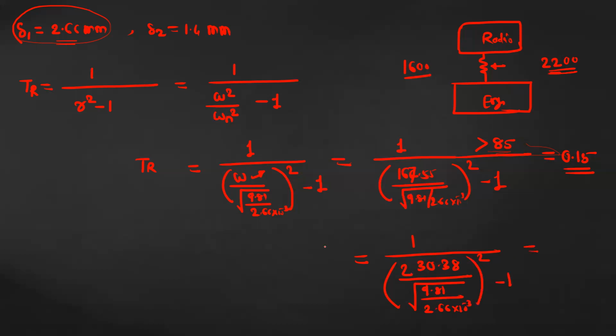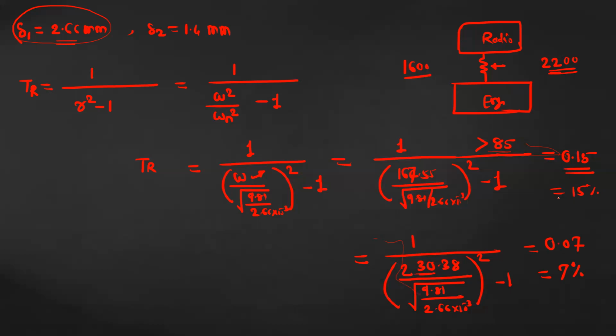And again check the transmissibility. So for this higher operating speed, the transmissibility becomes 0.07. Okay. So as 0.07 is the transmissibility, in percentage it is 7%, and this is 15%.